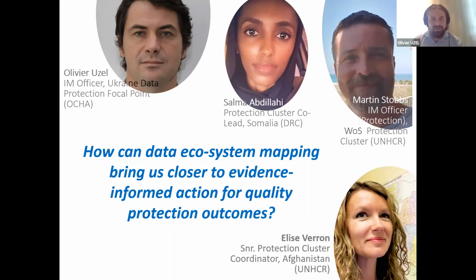So I think starting with having a data ecosystem mapping for contexts where a lot of data is available, or starting maybe with an assessment registry, working through fora like an IM working group is a very good start to map again what is available, what are the gaps, and help decisions to be made on what data can be used and what data should be kept internal, confidential, or even removed in line with the do no harm policy, for example, and other possible issues related to a specific context.